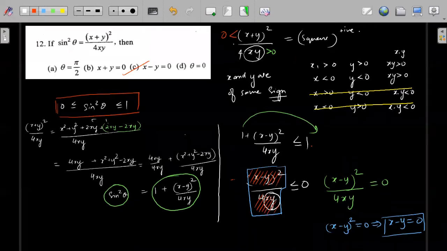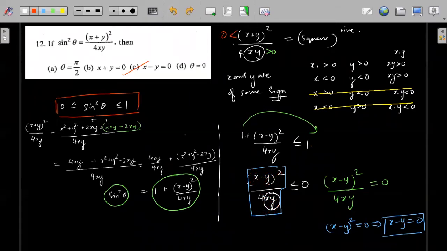So positive upon positive, the total thing is positive. So this part can become 0 or positive, but the right side says it is less than or equal to 0. So the only thing it can match is when it equals 0.